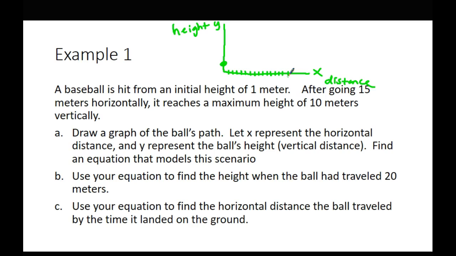After it was that far away from me, how high up was it? 10. So 1, 2, 3, 4, 5, 6, 7, 8, 9, 10. So by the time it was over here, it was this high. And you can imagine, what does this shape look like when you hit or throw something? Does it just go straight up and keep going forever? It makes a parabola, doesn't it? And we're talking about parabolas.